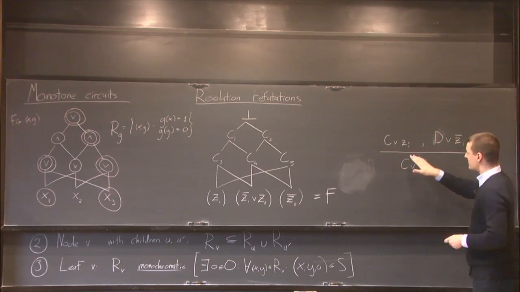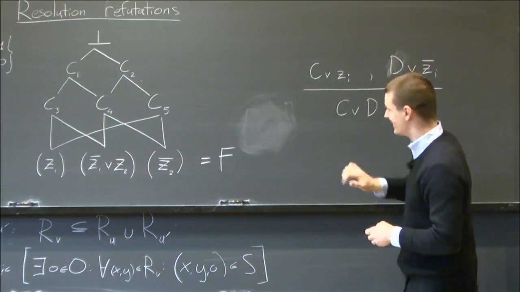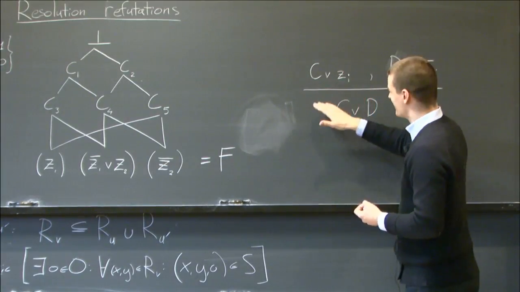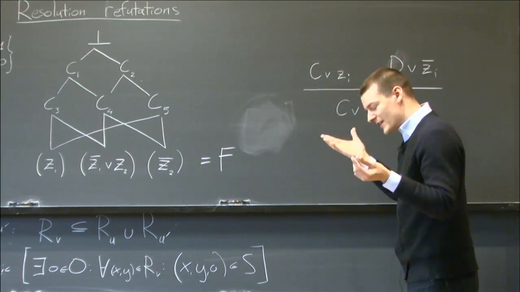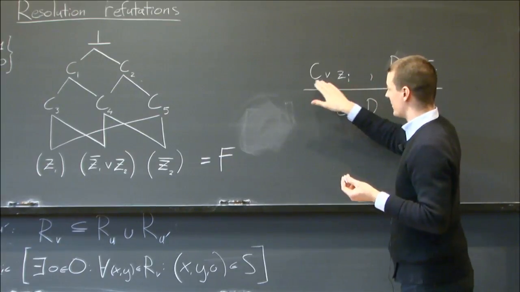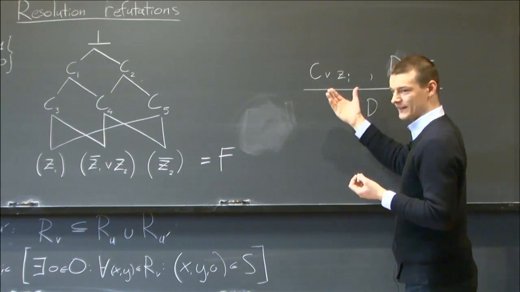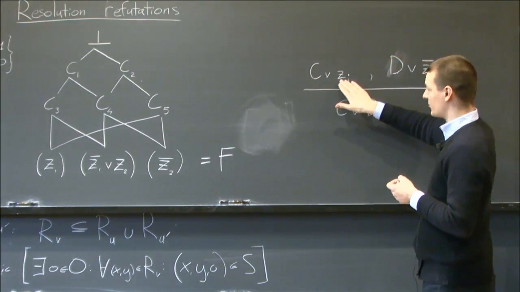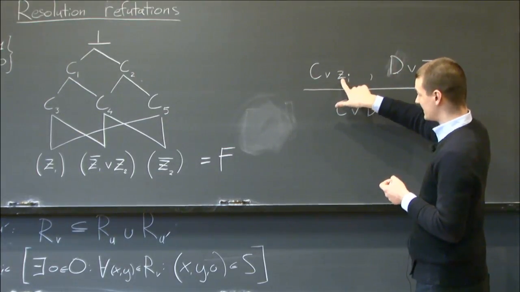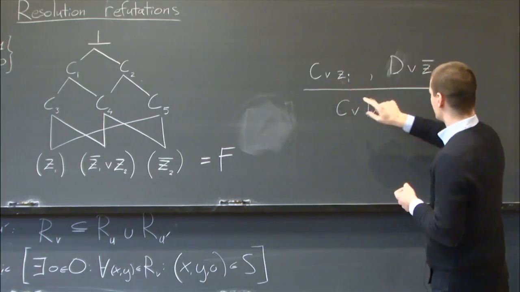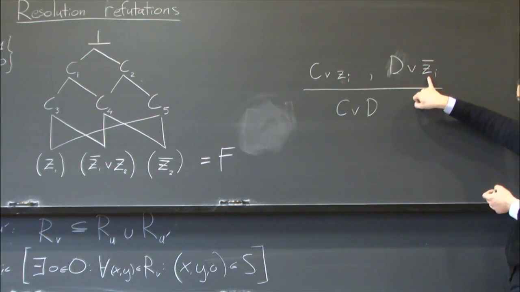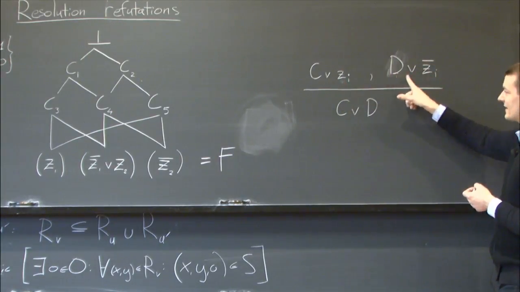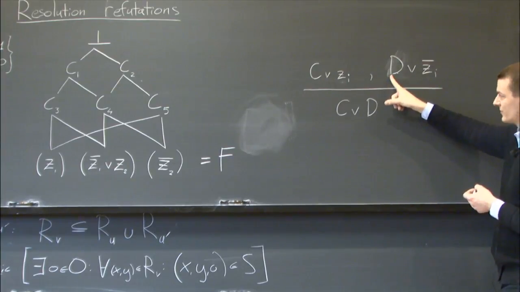So, okay, I see puzzled faces, so let me maybe spell that out. So imagine some truth assignment to the variables here. There are really two cases. Does that truth assignment assign true to my variable here? If it sets this to true, then it sets this to false. It means that something in this clause is set to true.